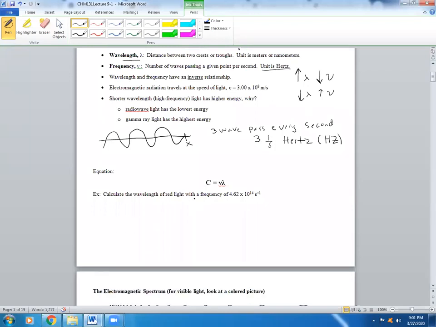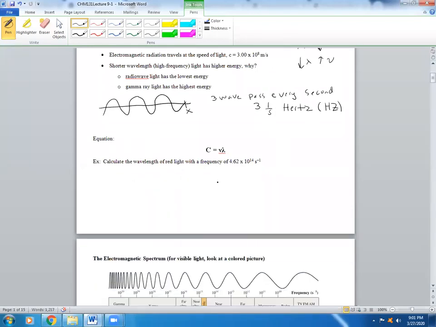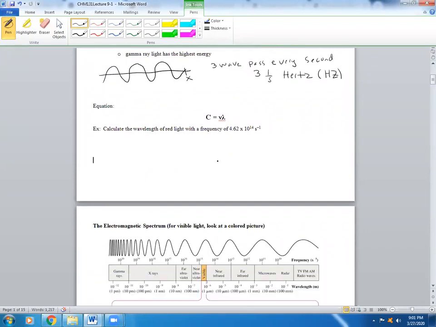All right, so here's the equation. And here's a quite small basic calculation to do here. It says calculate the wavelength of red light with a frequency of 4.62 times 10 to the 14th second inverse, or hertz. So let's write down our knowns here. So we know we have frequency, and it's 4.62 times 10 to the 14th inverse seconds.